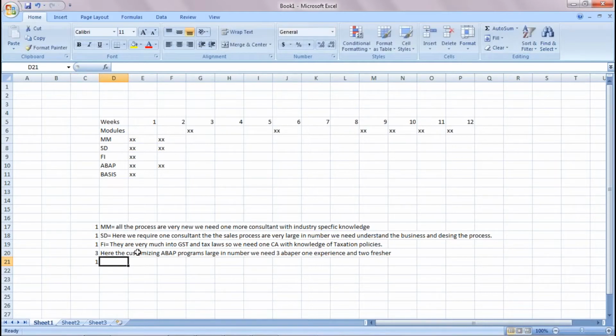Now come to the basics. Basis says: I have solved and configured their system and handed it over to the team.